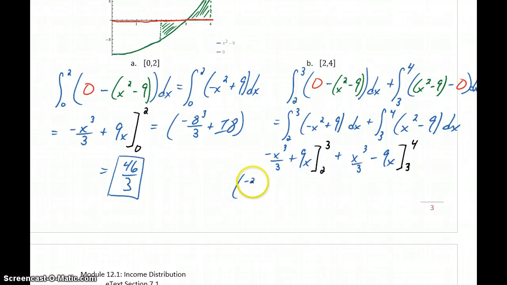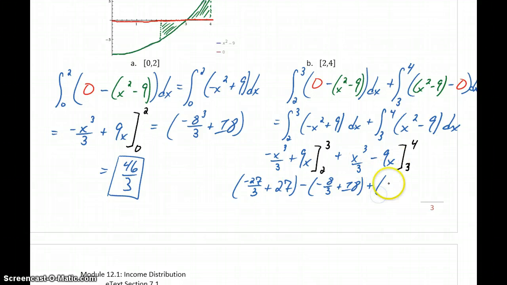So this will give us negative 27 over 3 plus 27 minus this exact same expression evaluated at 2, negative 8/3 plus 18, and then we're going to add the second expression evaluated at 4.